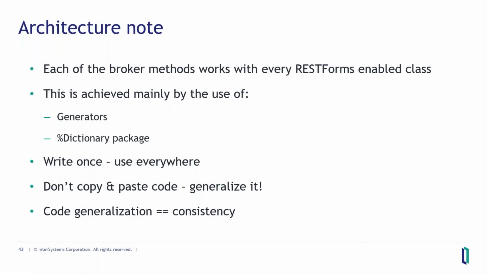Okay, so yes, I'd like to say it once again that the use of generators and the dictionary package is just an example, but by using it you can generalize your code, so you don't need to copy-paste, and you also have consistency in different domains of your application automatically.